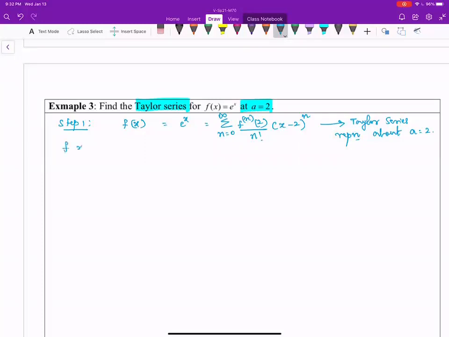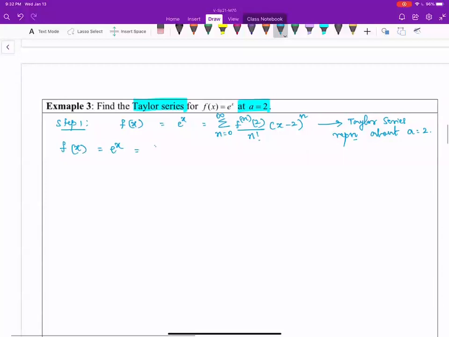Now if you want to write the expanded version of this, the first one is f at 2 plus f prime at 2 over factorial 1 times x minus 2, plus second derivative at 2 over factorial 2 times x minus 2 the whole square, and so on.